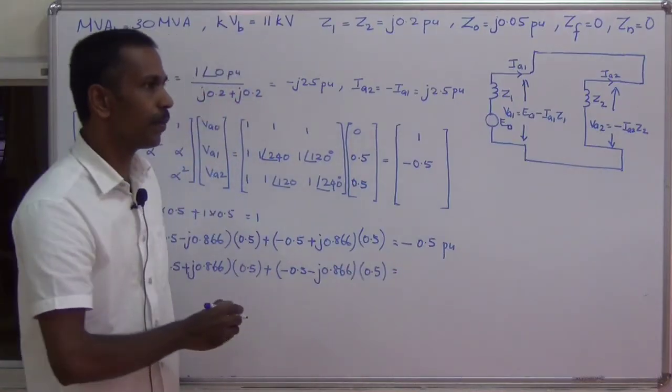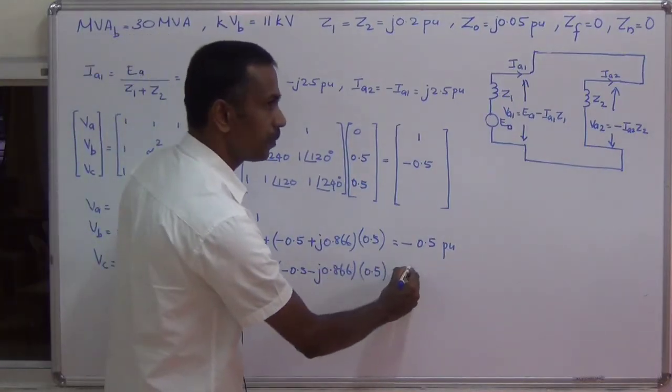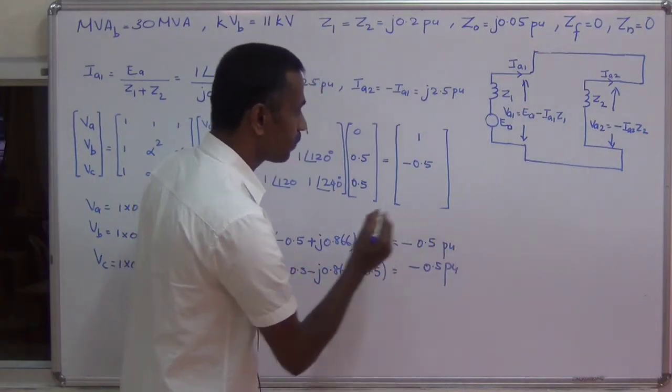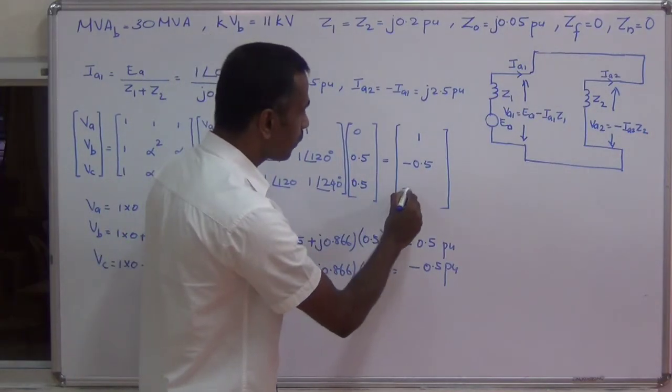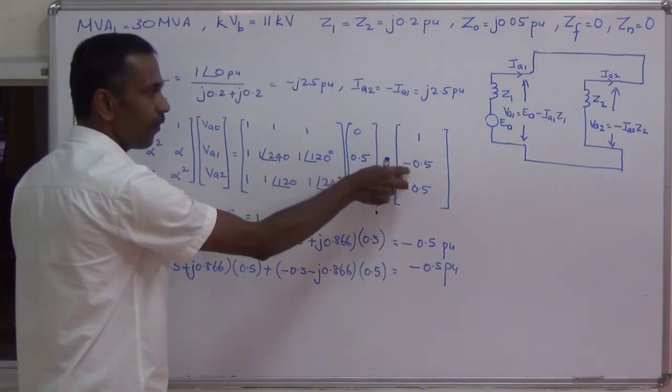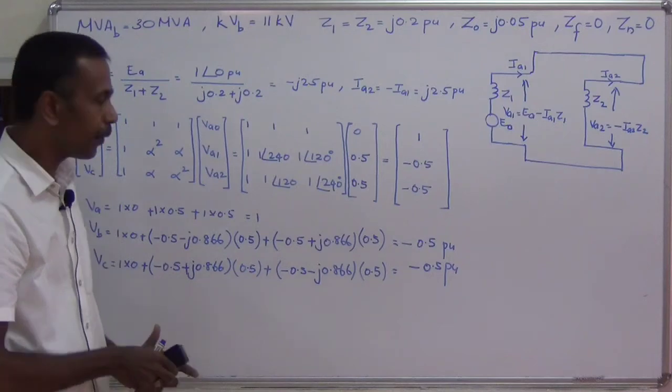And this is equal to minus 0.5 per unit. Let me write the value here. So these are the phase voltages in per units.